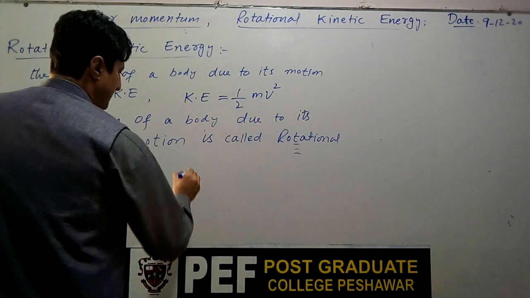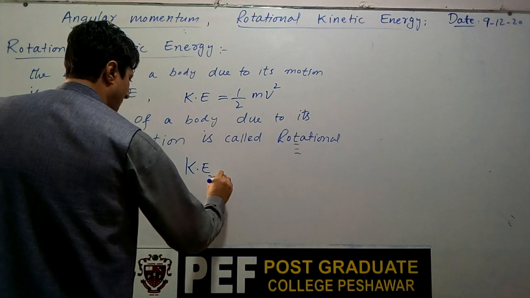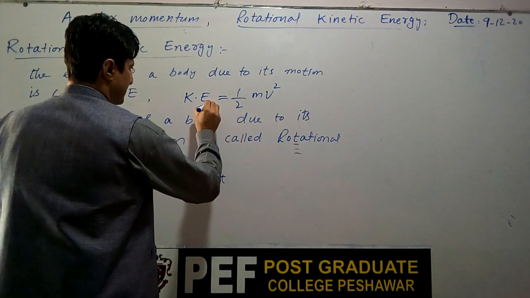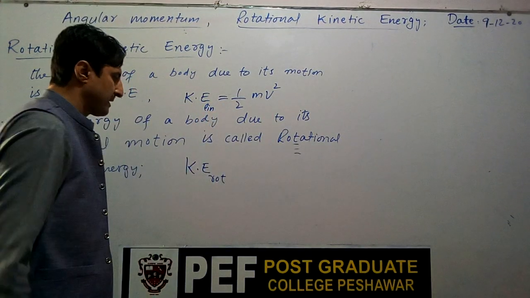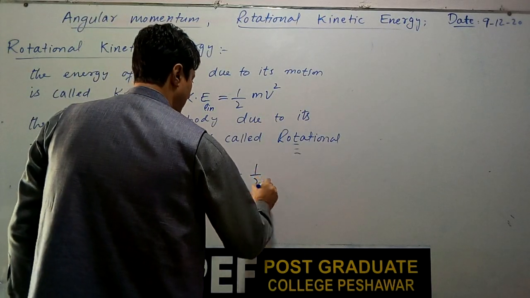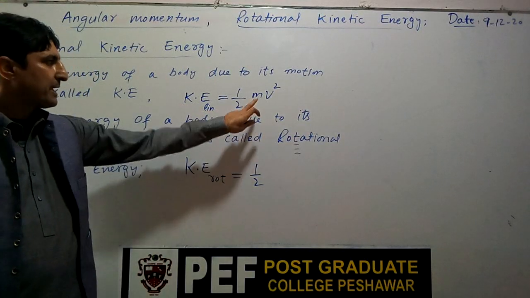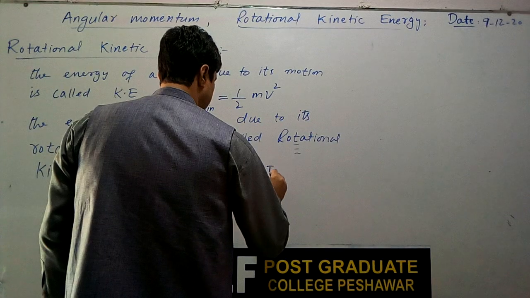Rotational kinetic energy of a body is given by KE rotational, where ROT stands for rotational. Here you can write translational or linear, LIN, linear. So kinetic energy rotational is, again, we have to transform this equation into angular motion form. Instead of m we can write I, which is moment of inertia.